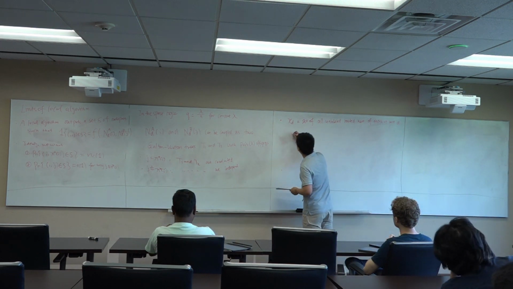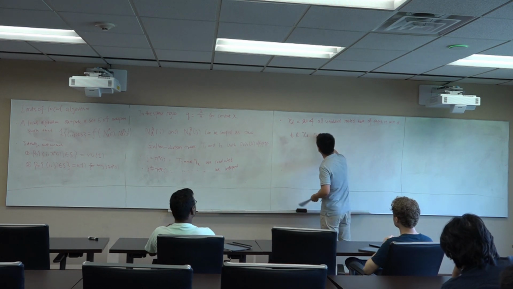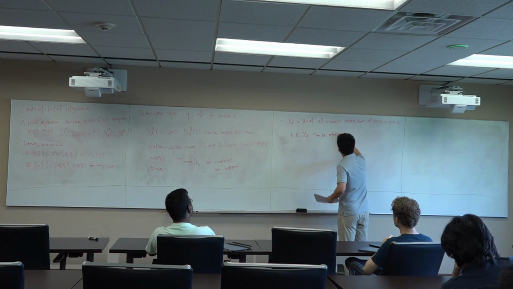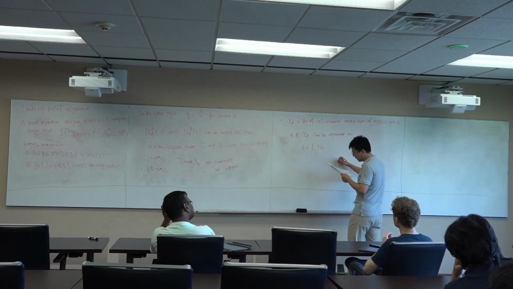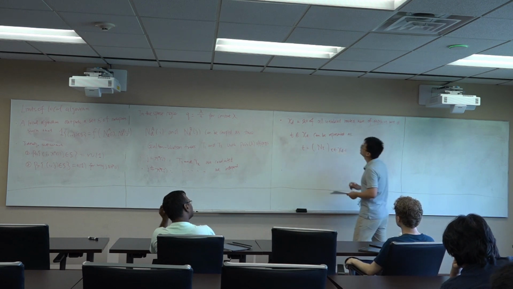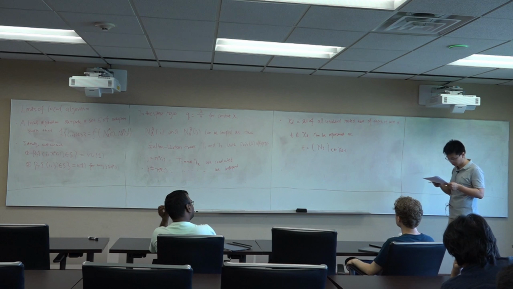And then if I pick a particular unlabeled tree, it turns out that it will be very useful to represent this in the following way. It's a sequence of integers indexed by rooted trees with depth at most d minus 1.